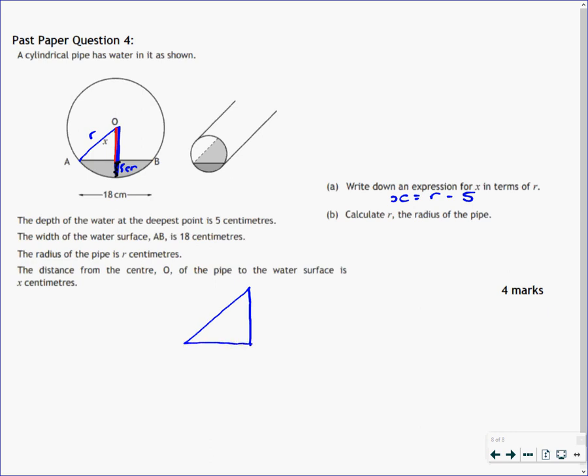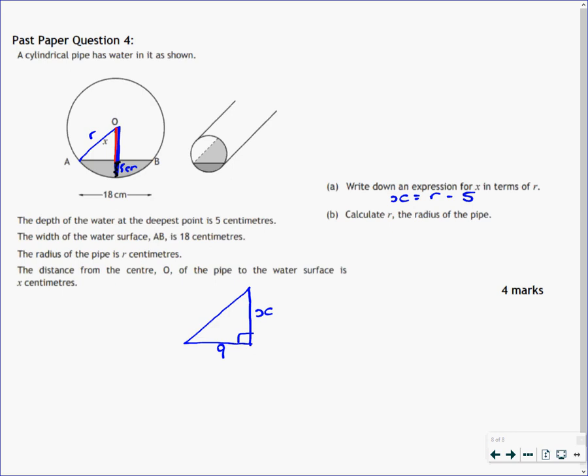So I know that this bit here is going to be 9, because I'm just going to half my distance of AB. Let's put in the right angle symbol. Now we know that this distance here is X, and we know that the distance of the radius is R.